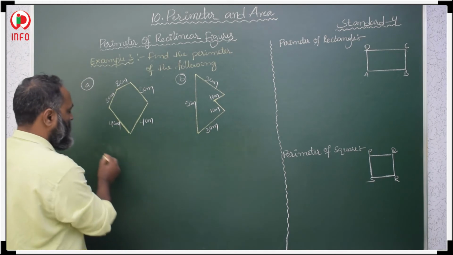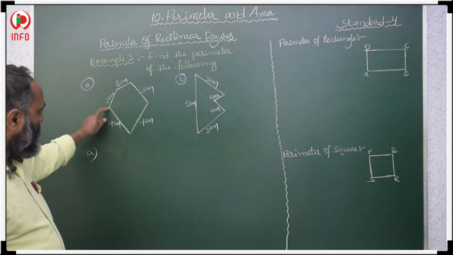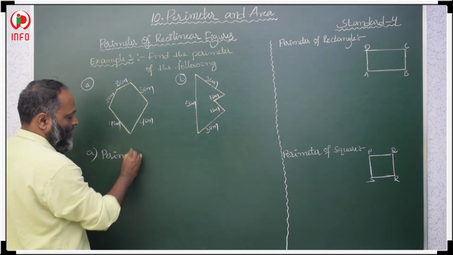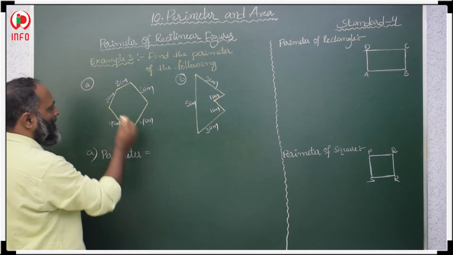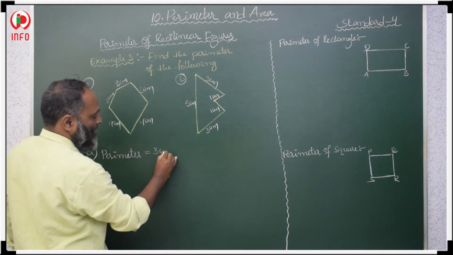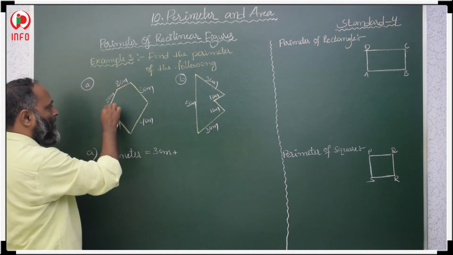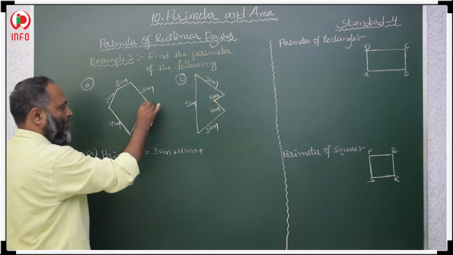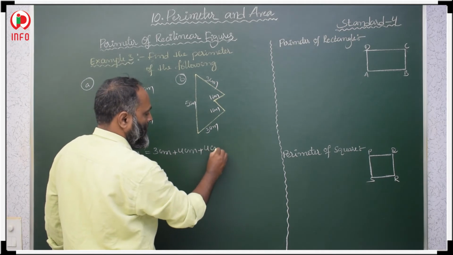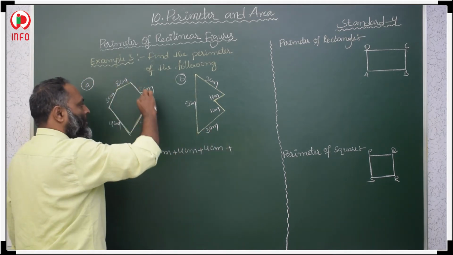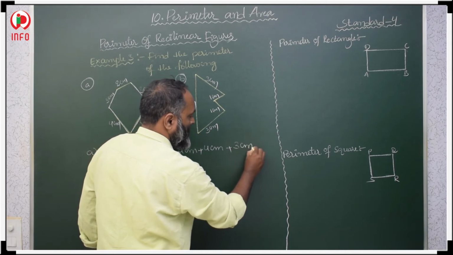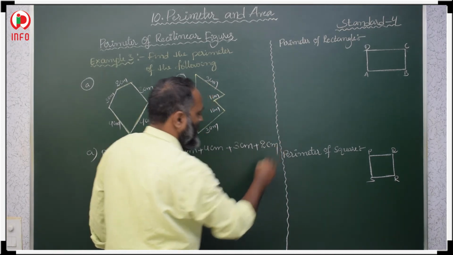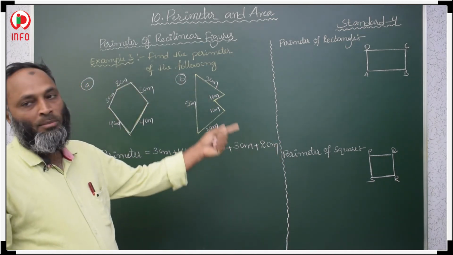Okay. In question A, that means this one, A perimeter is equal to, first add all the sides. It starts from 3 centimeters, and after that 4 centimeters, then again 4 centimeters, and after that 3 centimeters, and after that 2 centimeters. 3 plus 4 plus 4 plus 3 plus 2 centimeters.